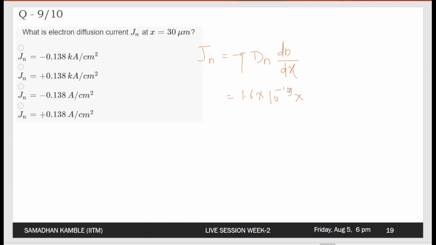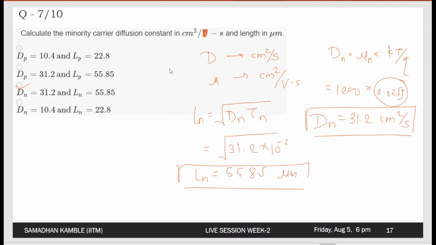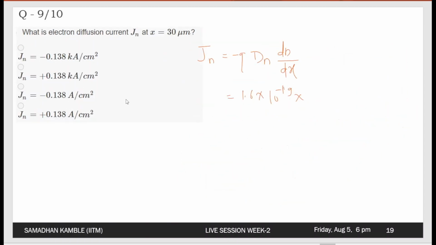We calculated the value of the diffusion coefficient Dn as 31.2 centimeter square per second, and we can substitute the gradient value as well. The gradient dn by dx can be approximated as delta n by delta x.